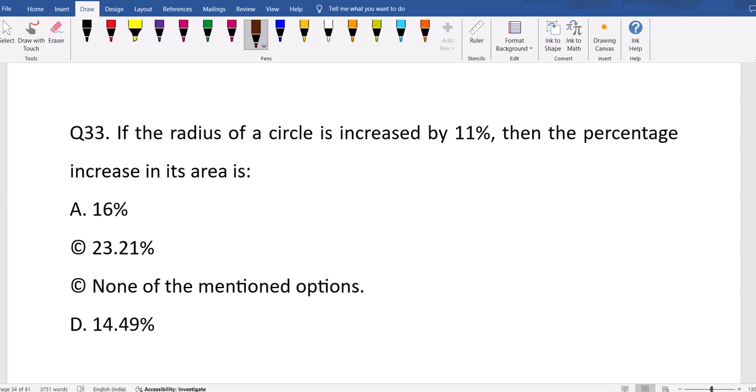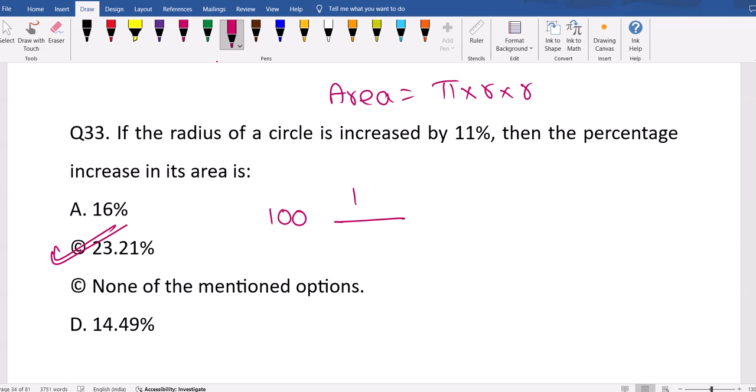If the radius of a circle is increased by 11%, then the area increases by 23.21 percent. How, sir? See, the area is nothing but pi into r into r, so the 11% will be applied 2 times. Suppose the area is 100. Because of the first 11% increase, it becomes 100 plus 11, that is 111.